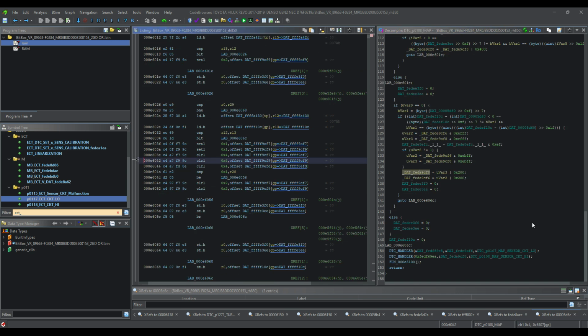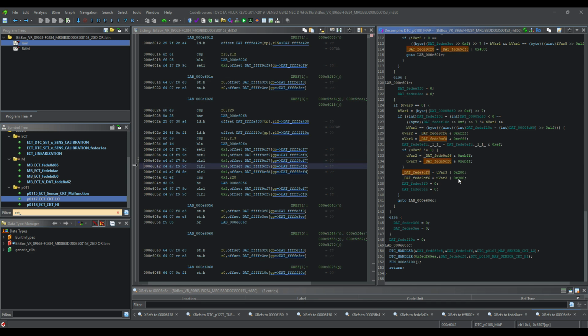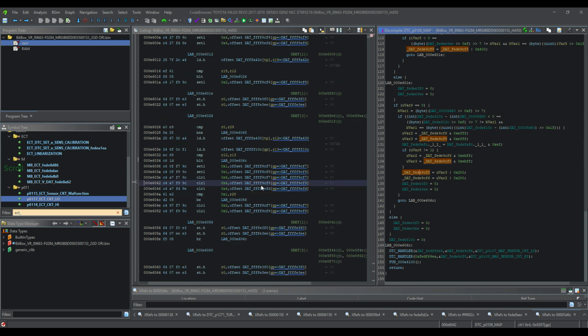However, we get over to our map sensor DTC circuit high-low function and we're dealing with this same issue again. I did try to analyze the file multiple times at this point and it did not help. So these are the same values as these, the RAM addresses. So I messed around with it a bit, and the conclusion that I came to, and I'm not even saying that this is right, but I just want to be able to do my disassembly and know what I'm looking at.